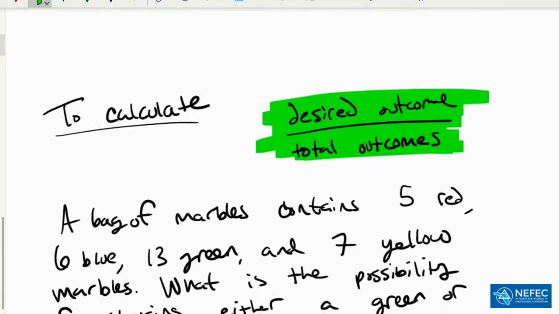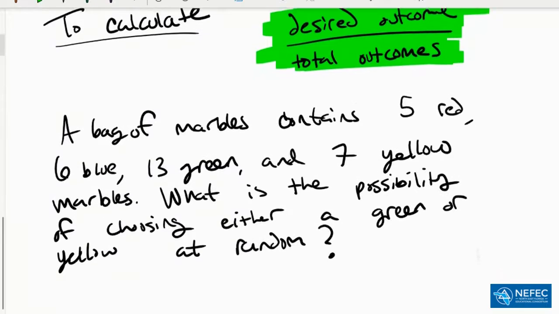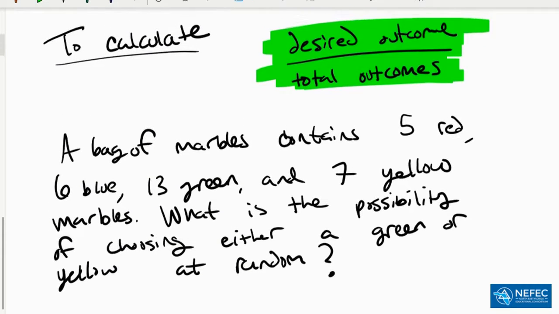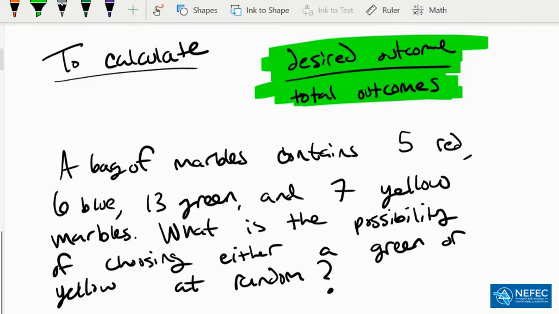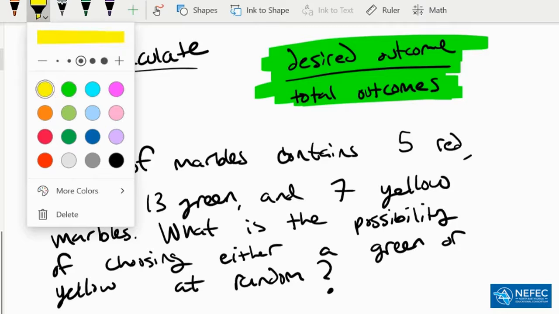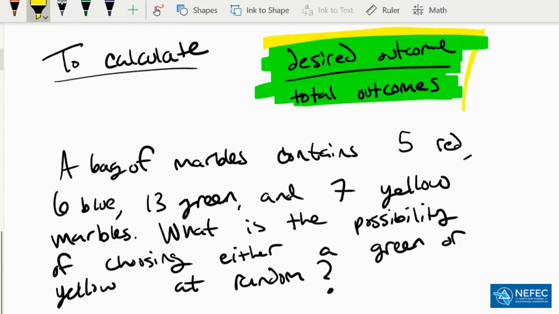All right, to calculate probability, I think the easiest way is to look at some context, and we're going to calculate probability in a context that may look familiar, similar to something you might run into. I wouldn't necessarily call it a formula, but it is a formula of sorts, some instructions here.